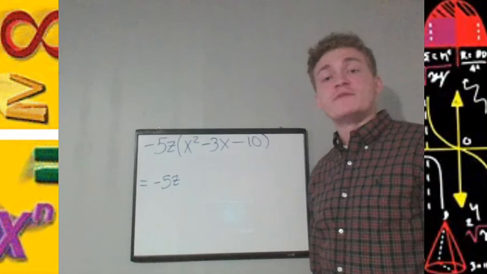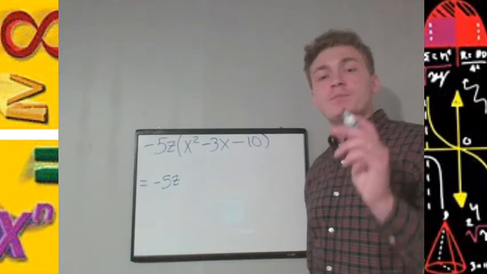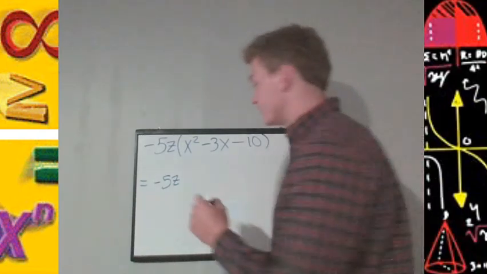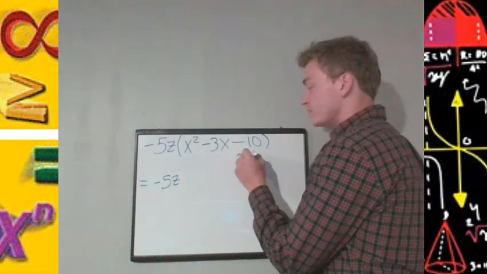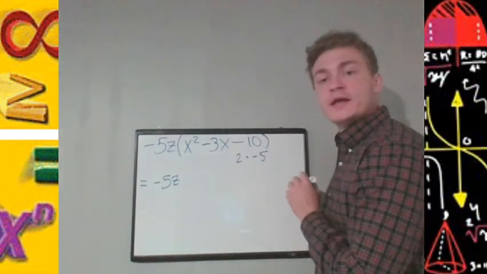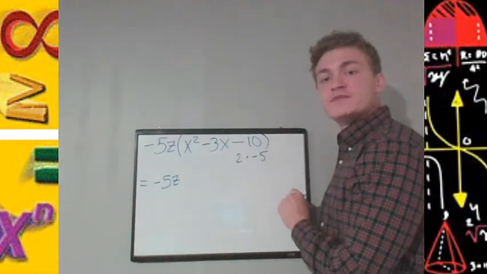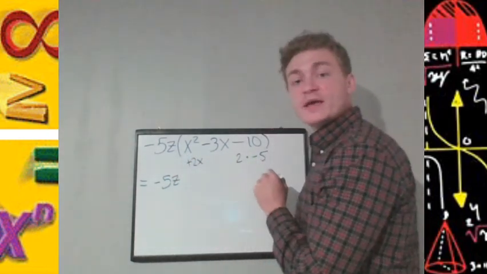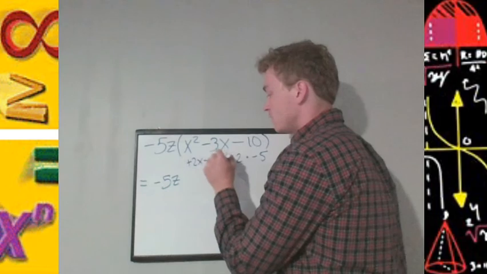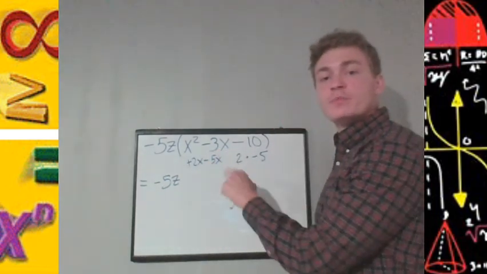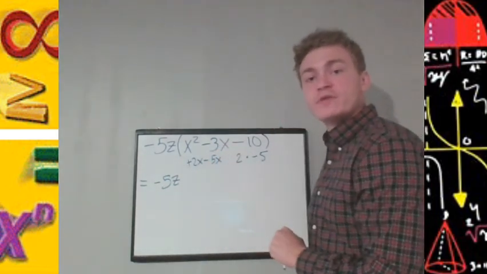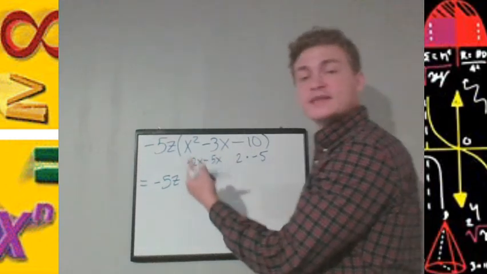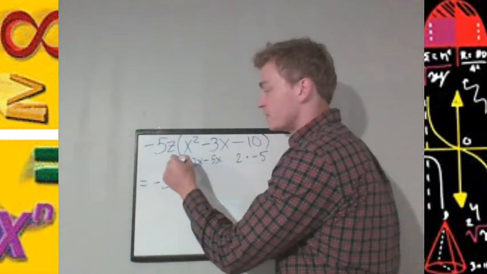Which of those combine to give us negative 3? It's positive 2 and negative 5. A positive 2 multiplied by negative 5 is negative 10. A positive 2x and a negative 5x will combine to give us the middle term, negative 3x. And of course, we see that x times x will give us the x squared.